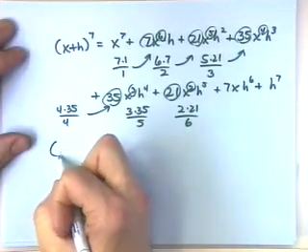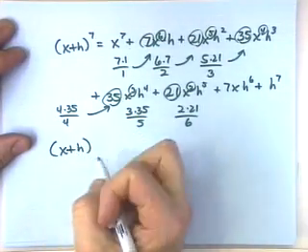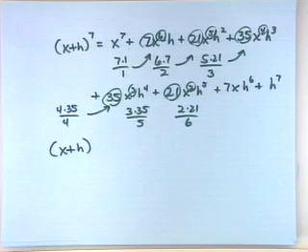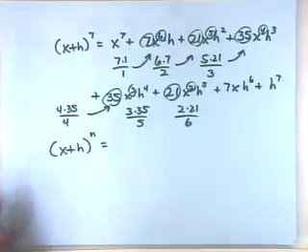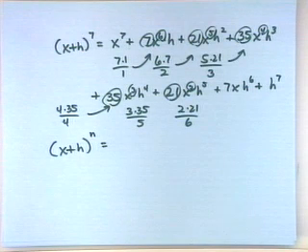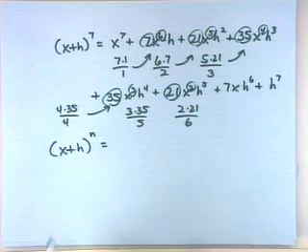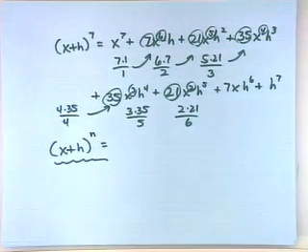Now, what I want us to come back to, let's finish this little problem, x plus h to the 4th, and let's come back to x plus h to any positive integer power, n. Okay, so we'll come back to this problem in a moment, but at least we've got the pattern established.